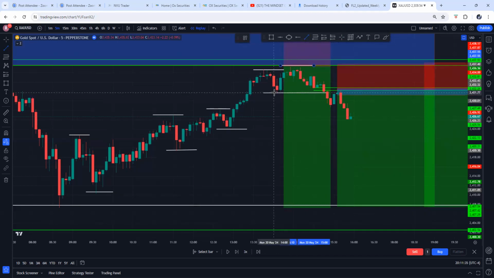But for this scenario, to keep it very simple and make sure everybody understands, we need the low to be broken. When this low is broken, what does that say about this high right here that was created? What does that say about this high?